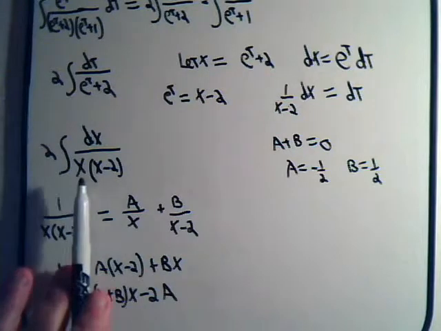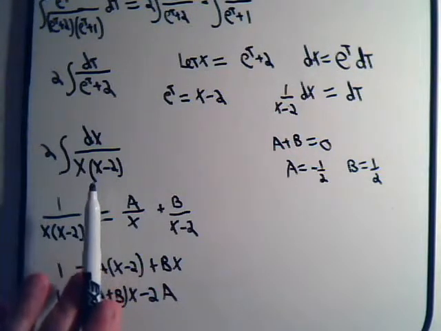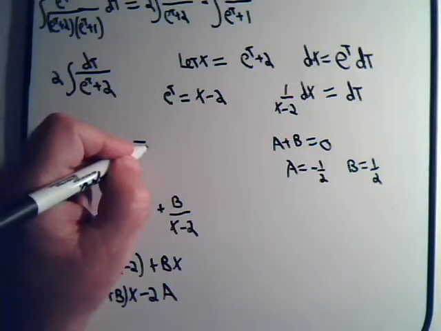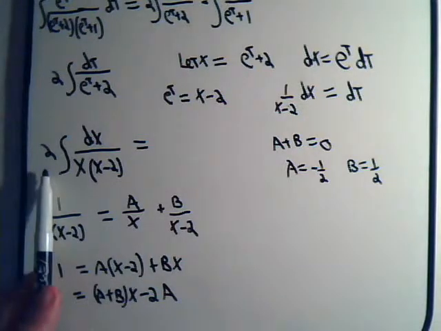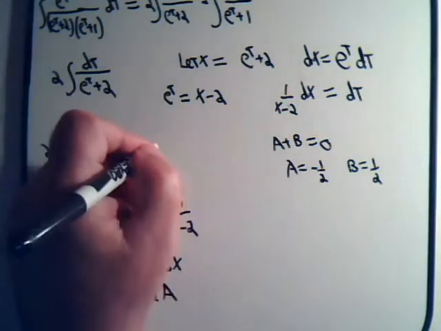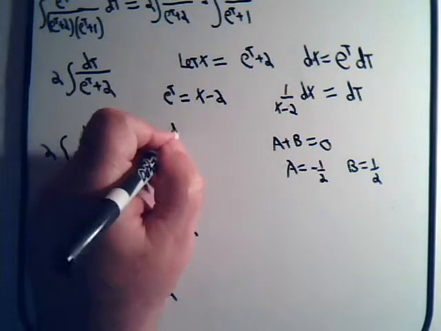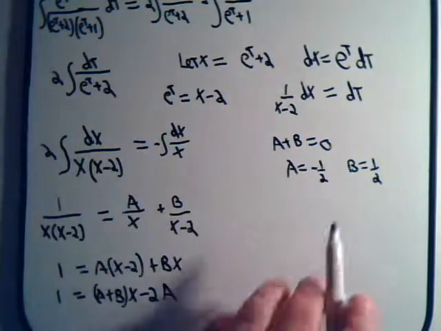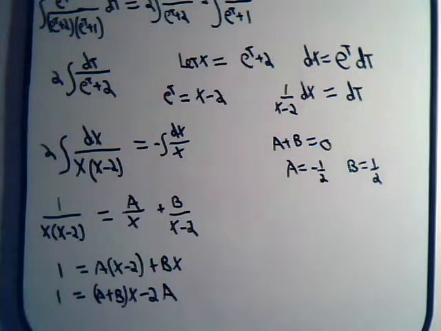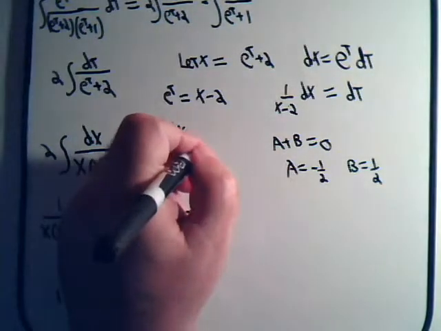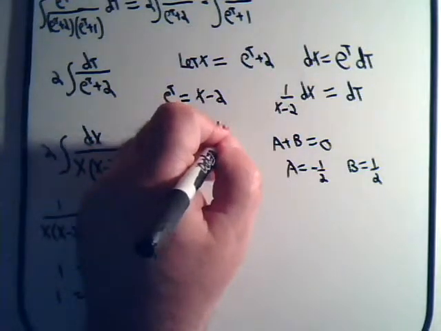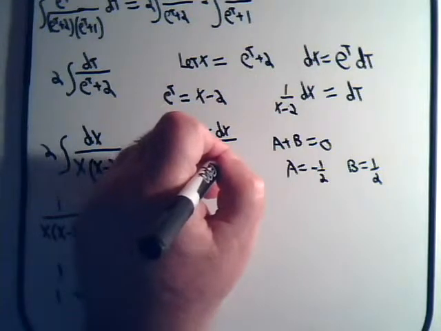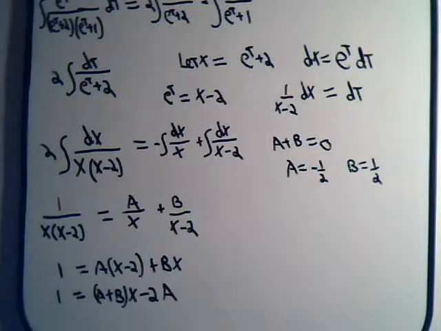So let's see, this integral here then is going to become a is minus 1/2, and we have 2 times this integral, so this would be minus dx over x. A is minus 1/2, but we have 2 times this. B is 1/2 times 2, so that's going to give us plus the integral of dx over x minus 2.